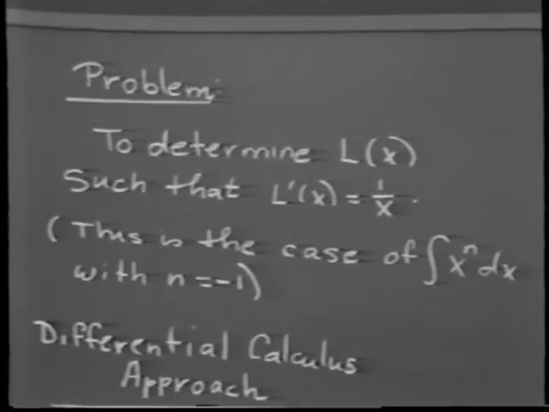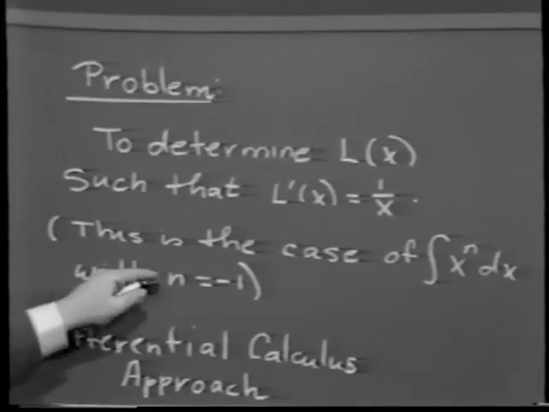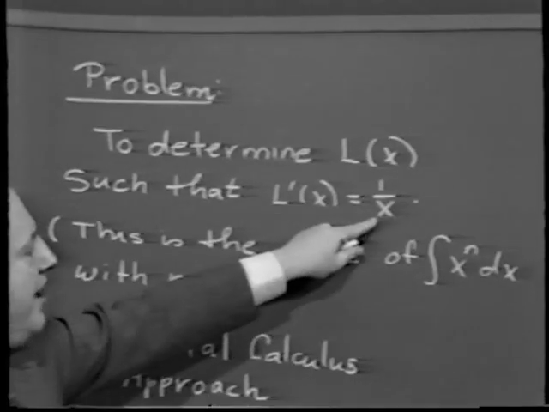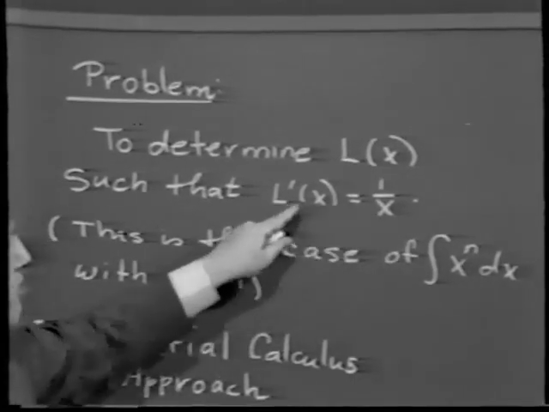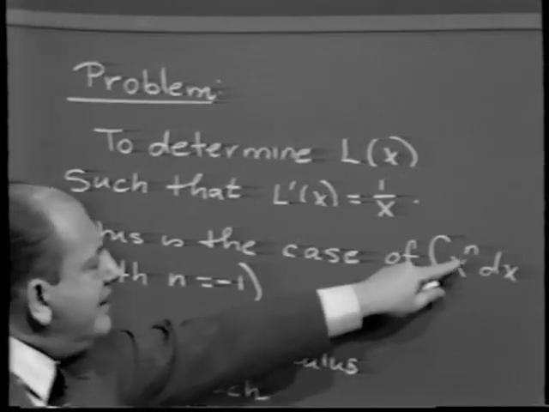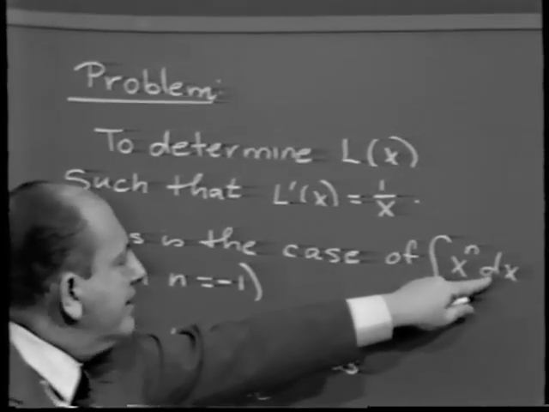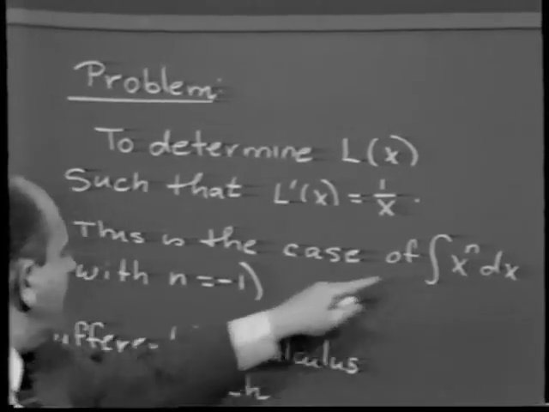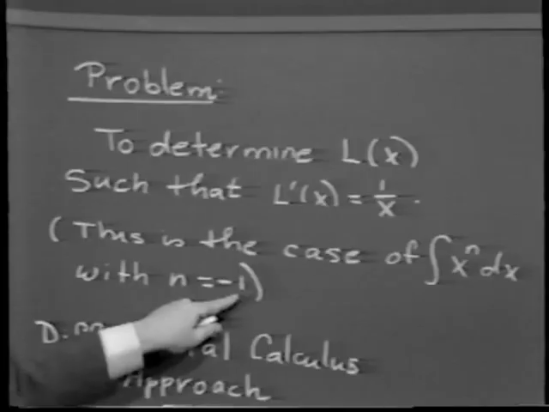And you see, what I want you to notice is that if you write 1 over x in exponential form, in other words, if you try to write 1 over x as x to the n, notice that to solve this problem, L of x would be the integral of x to the minus 1 dx. In other words, this is the case of the integral of x to the n dx with n equal to minus 1.